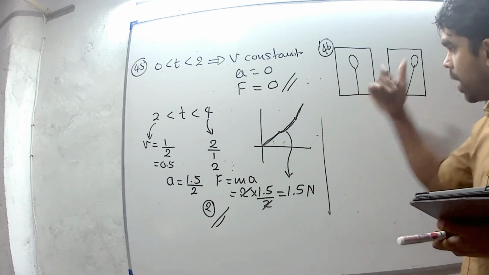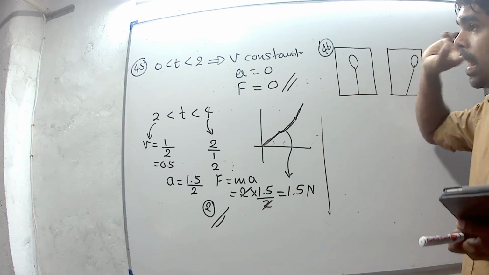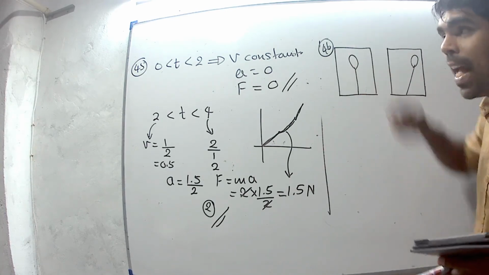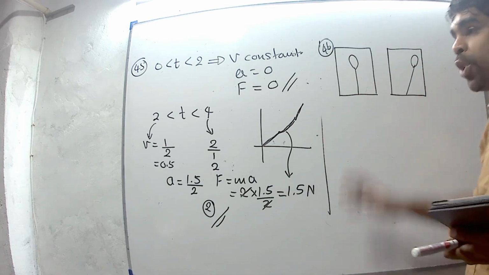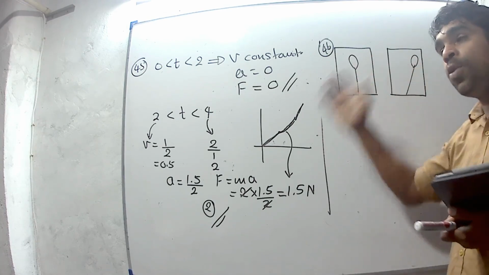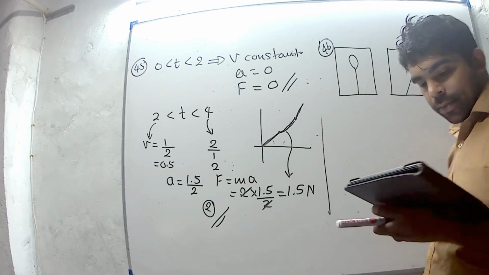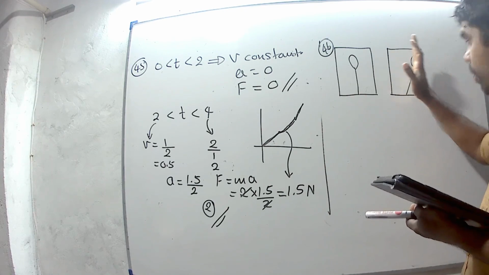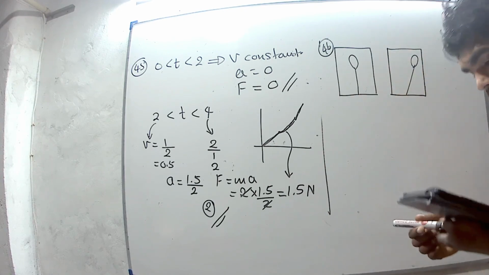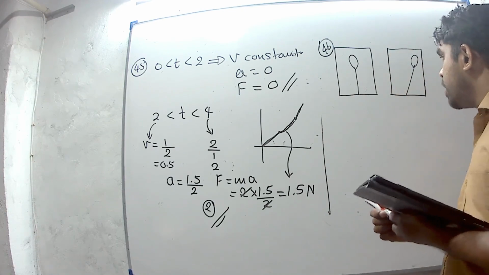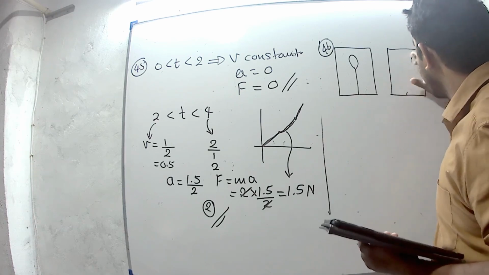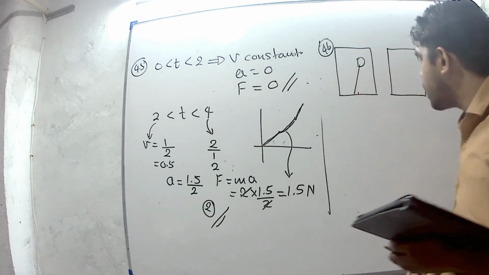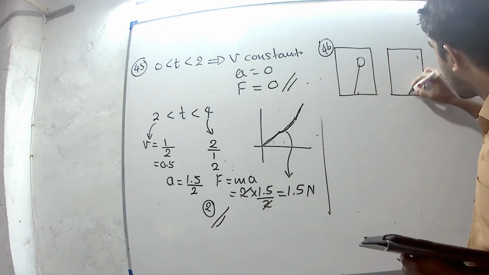But if the density of the object is greater than the outer medium, it should move opposite to the accelerated direction. Then in the first part, the balloon should move in this direction, and in the second part there is a constant velocity. I will draw it. First part like this. Second part, it is a constant velocity.